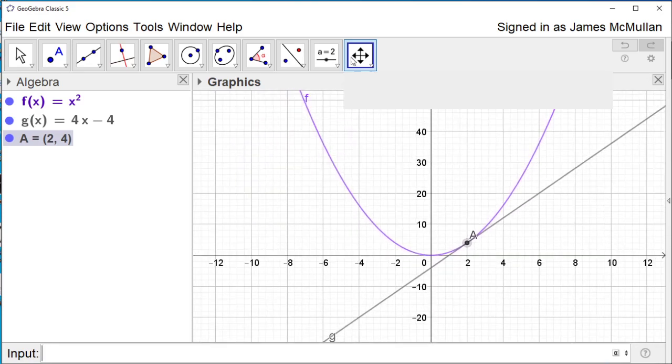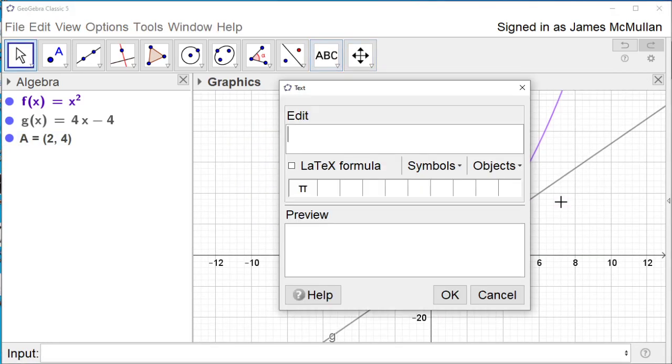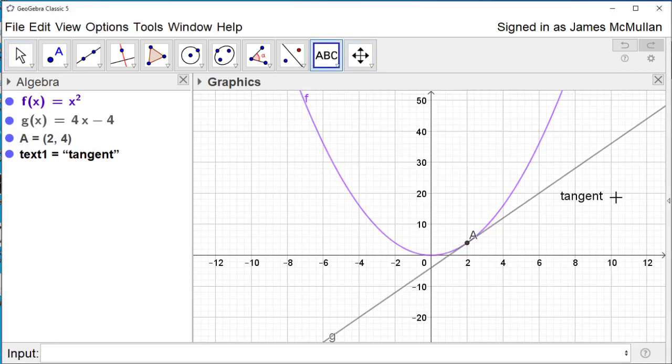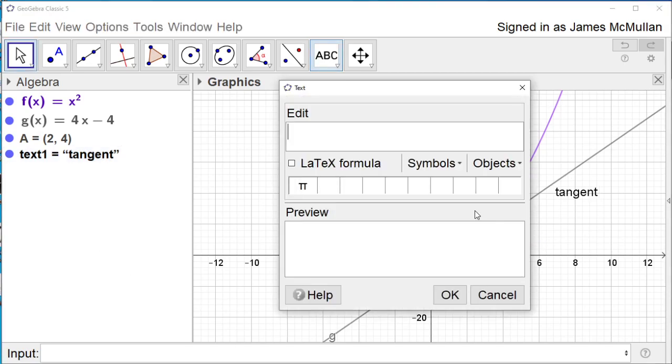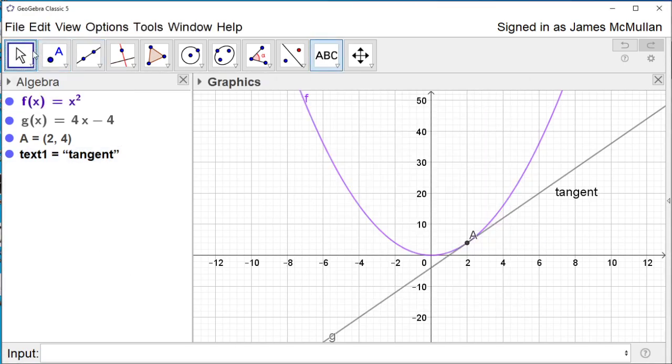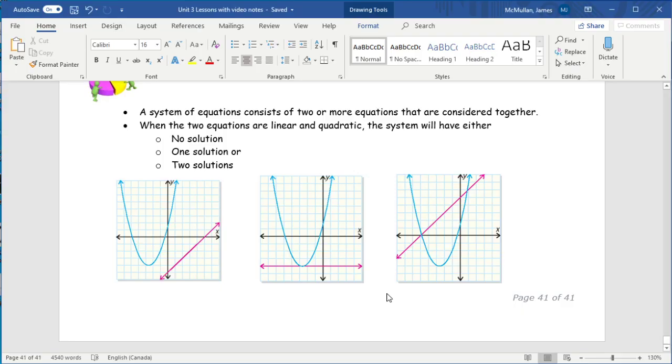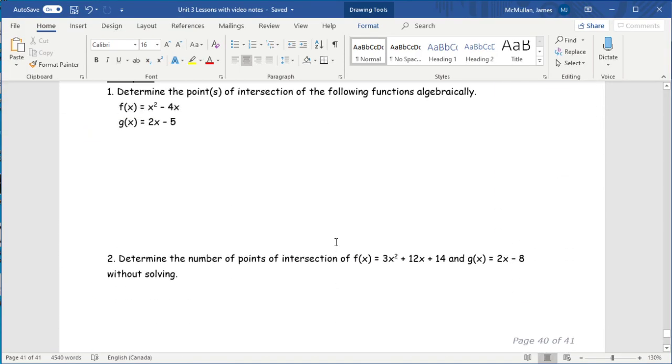This line, by the way, we call a tangent. A tangent is a line that intersects a curve at exactly one spot. You don't need to know that about a tangent, but just so you know for the future. It is possible to have one solution of your linear quadratic system and it not be at the vertex. That's the only point I wanted to make.